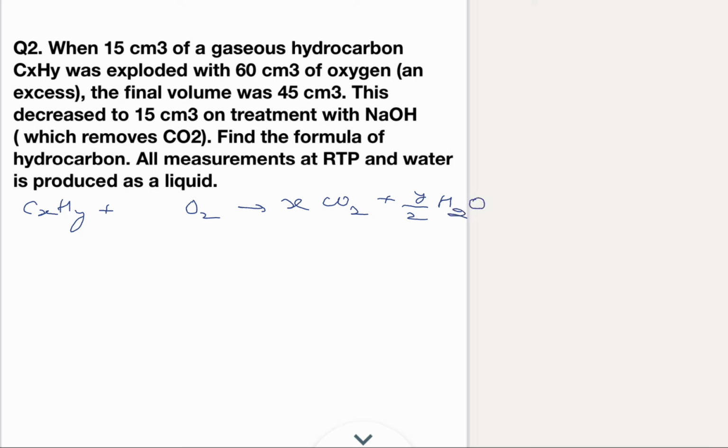So y over 2 moles of oxygen from here and 2x moles from here. Therefore, by just solving this we would get x plus y divided by 4 moles of oxygen over here.